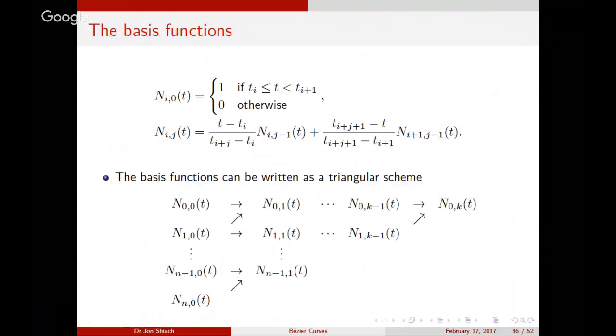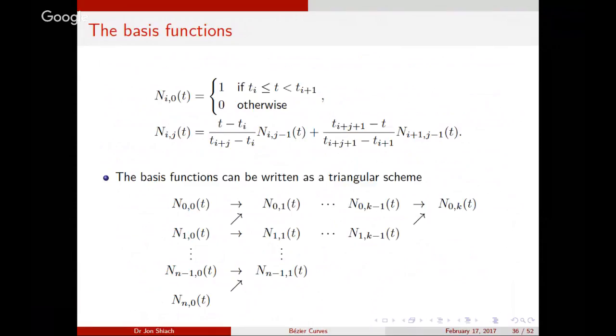On the far left, these are related to your control points. The same way as we did for the Bezier curves, we have this triangular scheme where the horizontal coordinate gives us that coefficient, and the diagonal coordinate is that coefficient.